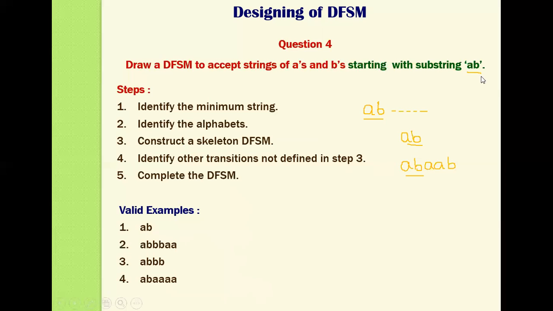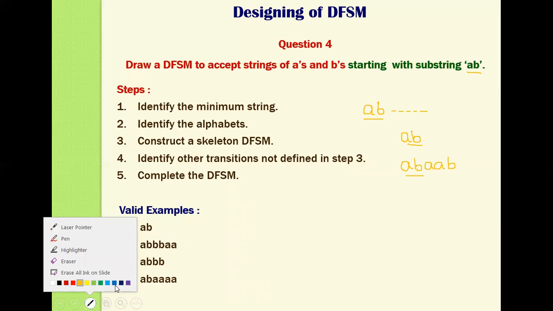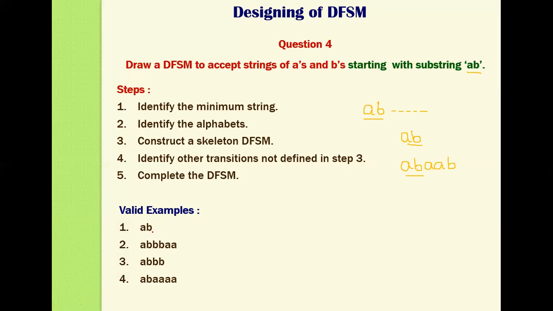Let us take some valid strings here. AB, the minimum string. Look at this, it is starting with A followed by B, right? I don't have to worry about whatever comes later. Similarly, I have other strings with A followed by B. Those are valid strings.